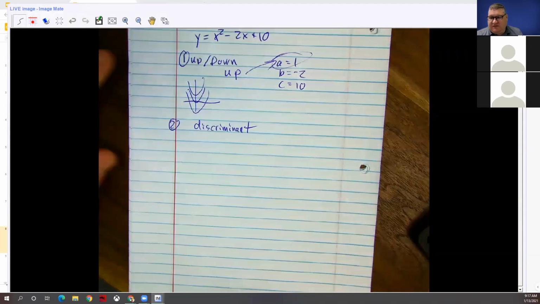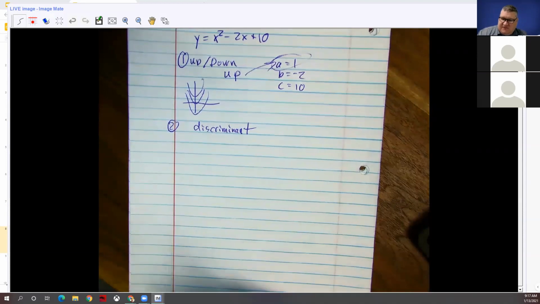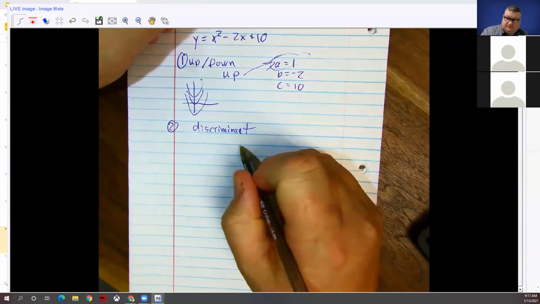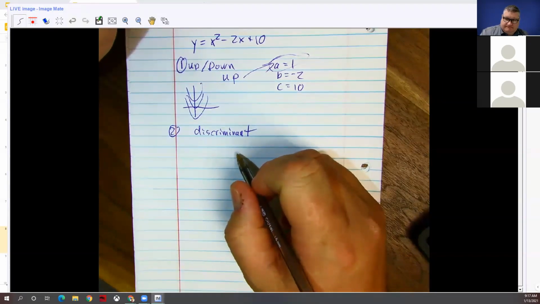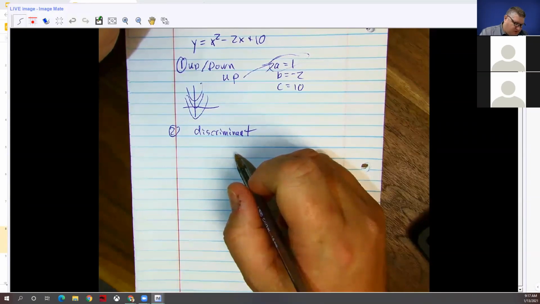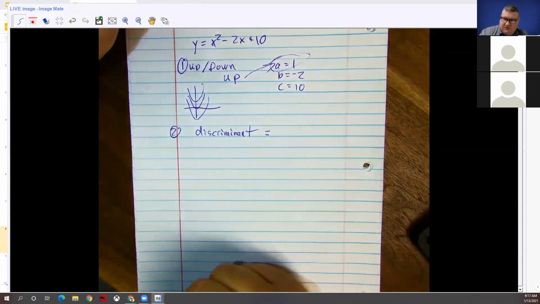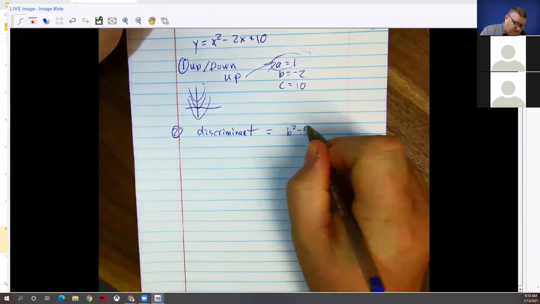What is the discriminant? Put it in the chat. Discriminant equals b squared minus 4ac.